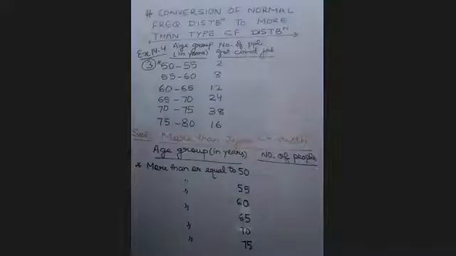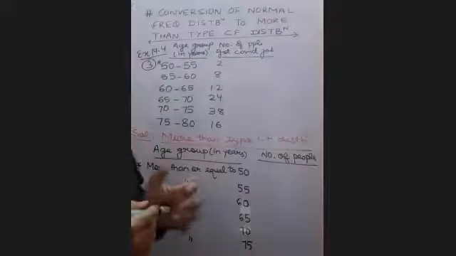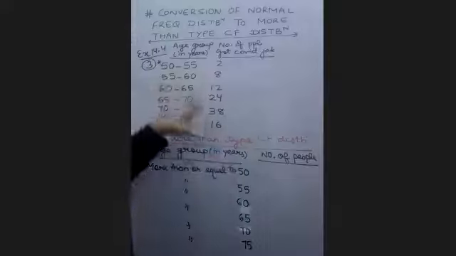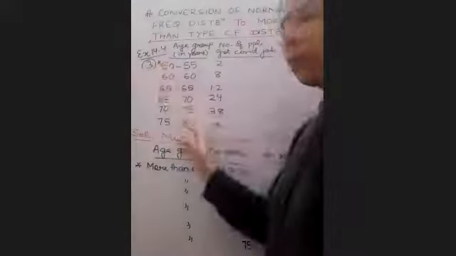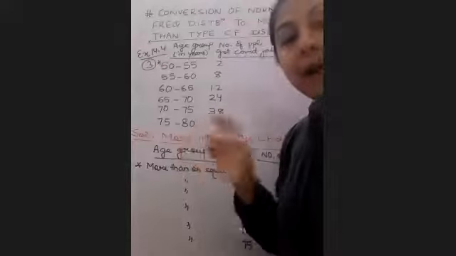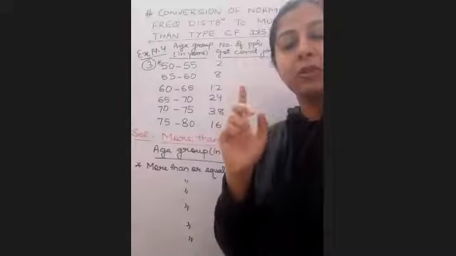All right, now let us see an interesting thing. This is the age group. There are people ranging from 50 to 80 years. How many people, think about it, use your general knowledge.